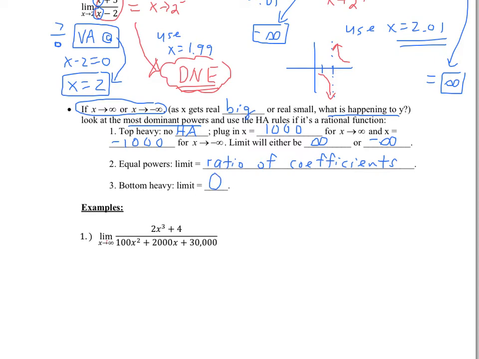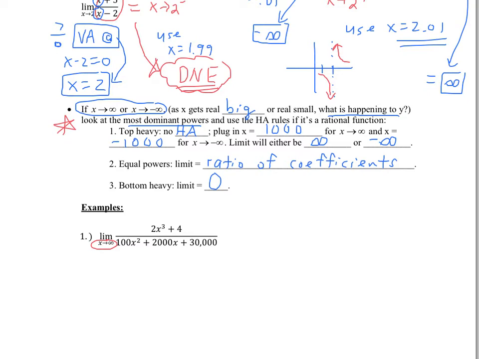The first one here, make note that x is approaching infinity. We're only looking at these rules of top heavy, bottom heavy, or equal powers if x is approaching infinity or negative infinity. Okay, so that's a really important point to make. Okay, this is only applicable if x is approaching infinity or negative infinity. So we have a rational function here.